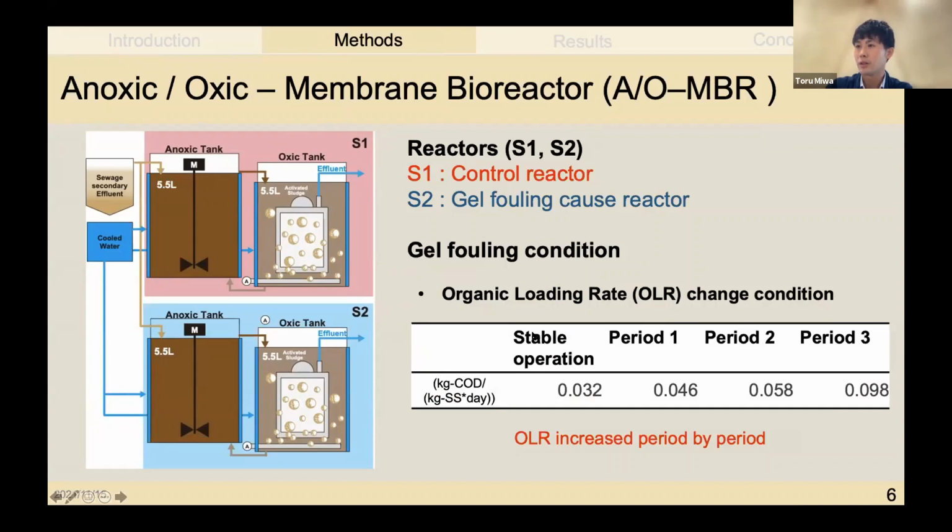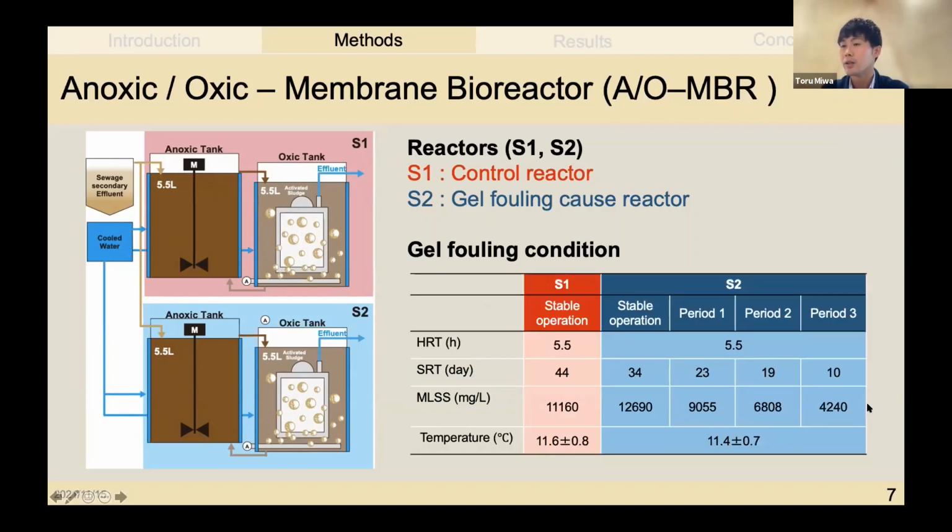The condition is an organic loading rate change, so we separated the operation time into 4 periods: one is stable, and then period 1, 2, and 3. In each period, the OLR is increased period by period.